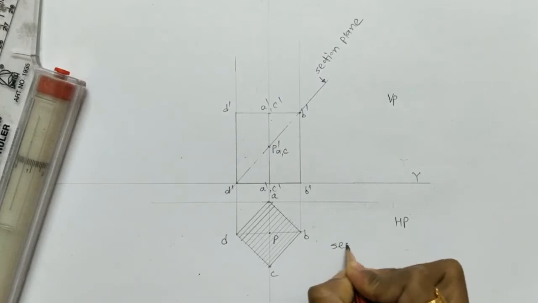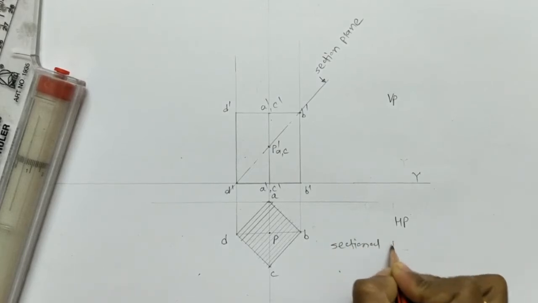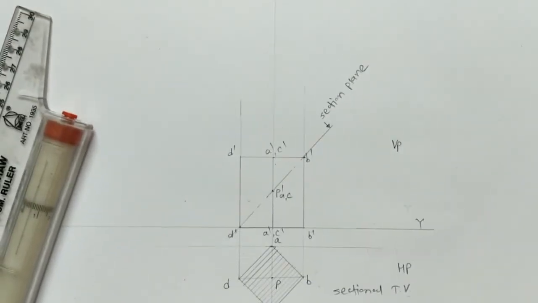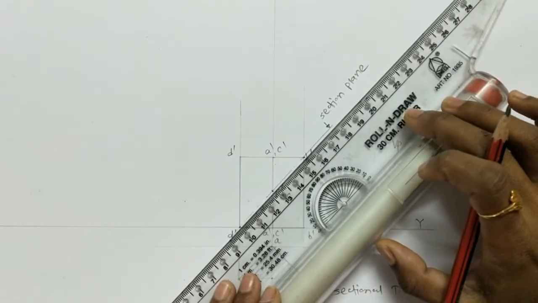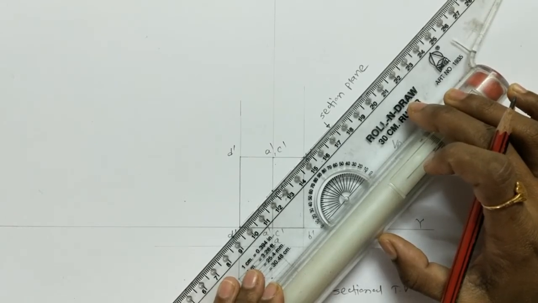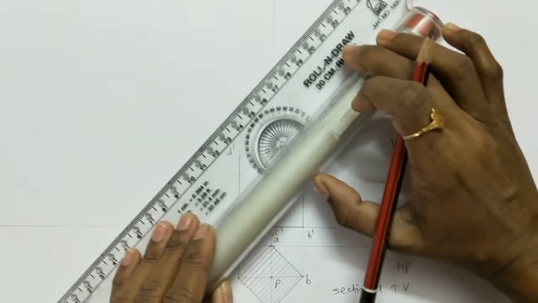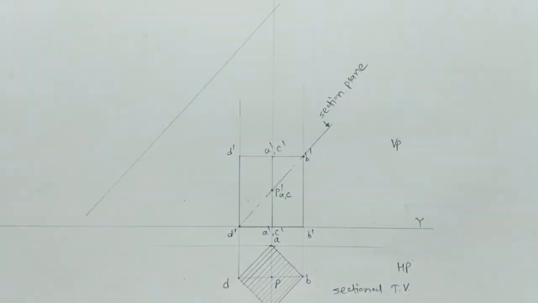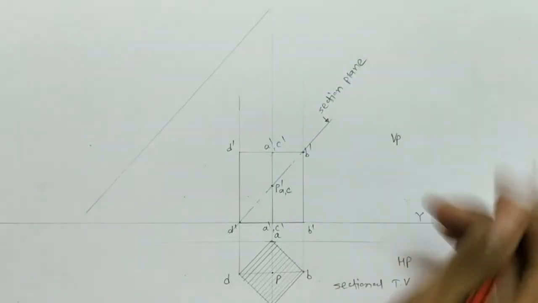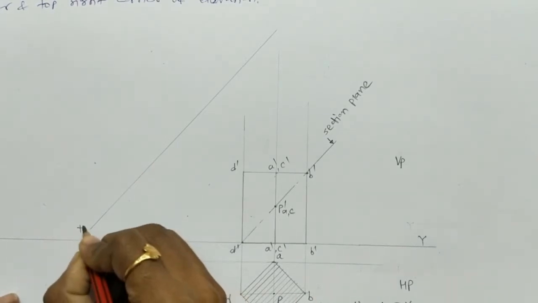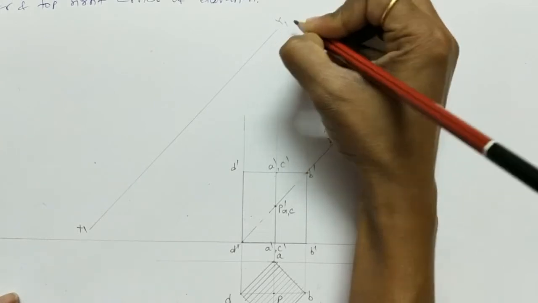Give here name sectional top view. Now draw an x1 y1 line parallel to section plane. So this is line x1 y1.